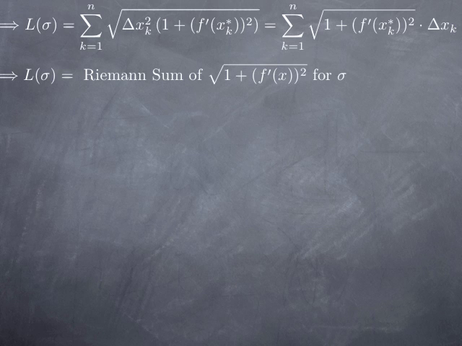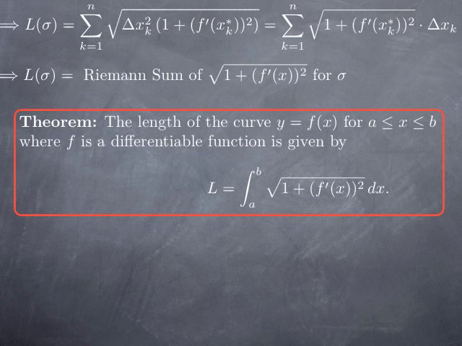And as you know from the way we have defined definite integrals, what we obtain in this process is the integral from a to b of the function for which we have Riemann sums, in that case the function square root of 1 plus f prime of x squared, and that will give us the length of the curve y equal f of x for x between a and b, provided that f is a differentiable function, continuous on the closed interval ab, differentiable on the open interval ab.